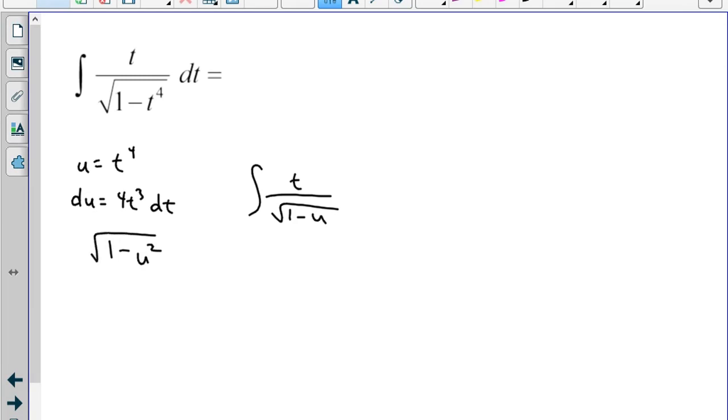Also notice that if I make this choice, I have this 4t cubed, which when I divide, I'm going to get rid of one of the t's, but then I still have a t squared in the denominator, and t squared is equal to the square root of u. It just ends up kind of being messy.